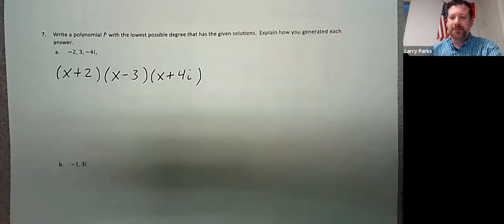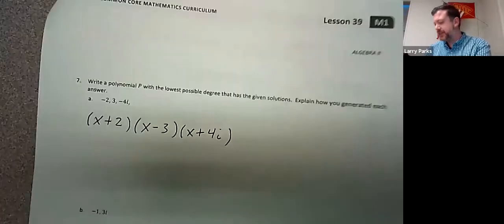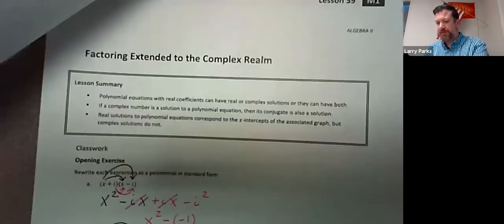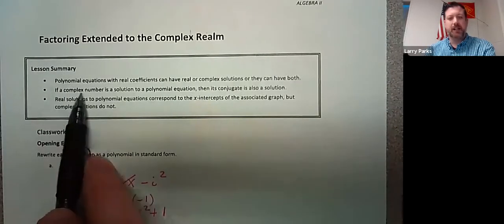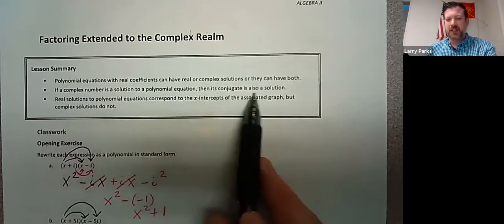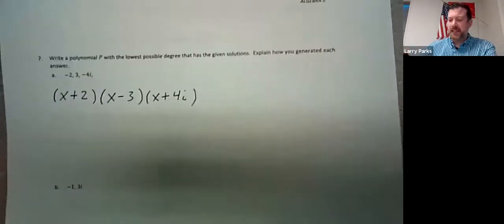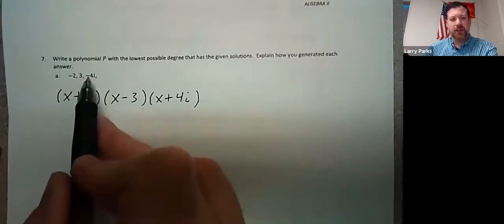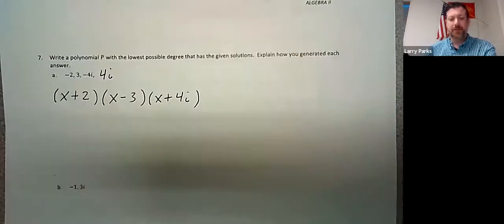And then, because, and this was the first thing we talked about, if you have a solution that's complex, then its conjugate is also a solution. So even though they didn't tell us, we know that if negative 4i is the solution, so is 4i, which would then make the factor x minus 4i.